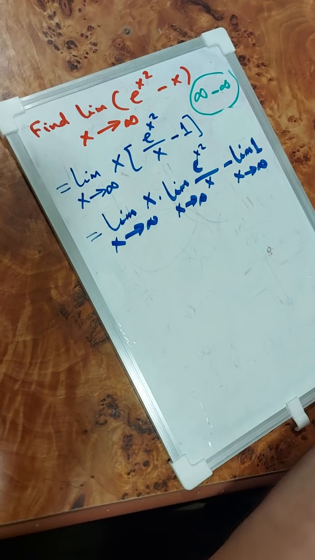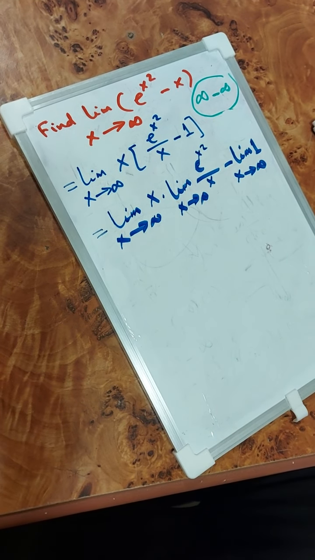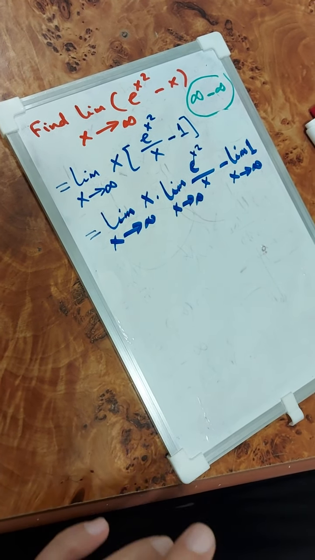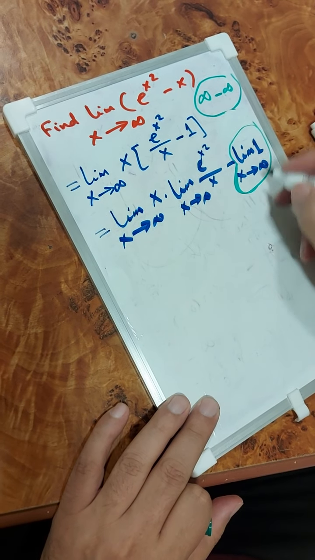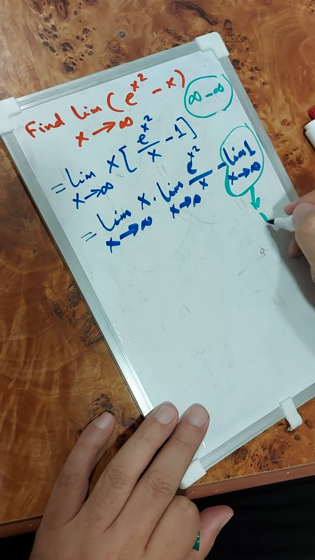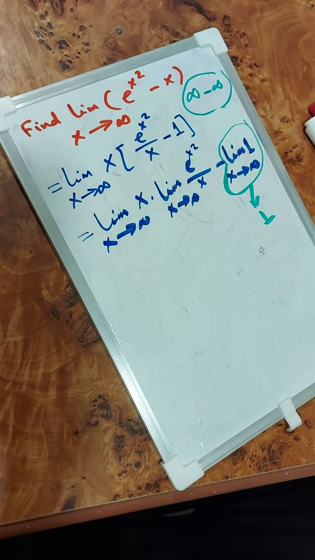As we can see now, the limit of 1 as x approaches infinity equals 1. This is a very easy limit.